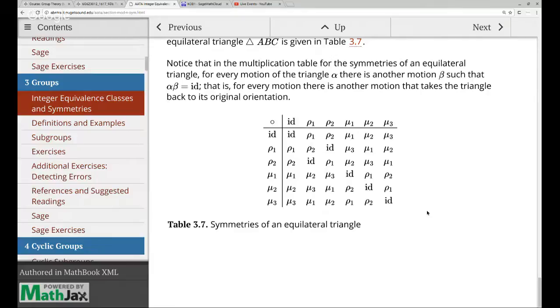So P1 after P2 is the identity, and P2 after P1. P1 is rotation by a third, P2 is rotation by two thirds, so when you compose them, you're rotating by one full rotation, so that's the identity. So that's another example of a group.